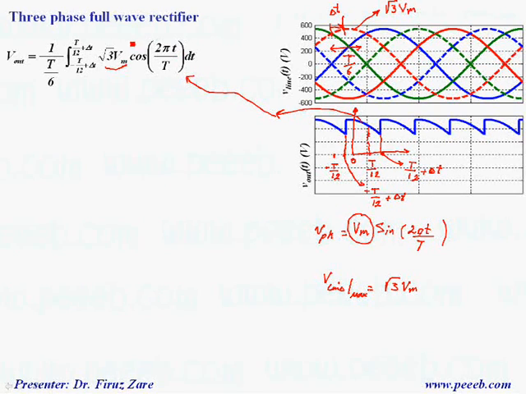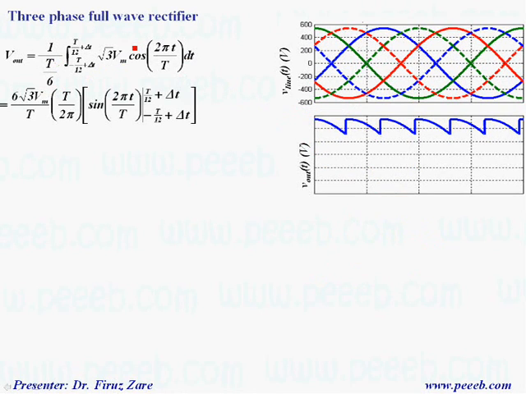So we can find this integral, which defines this area, as the average voltage over that cycle, and the cycle is T over 6, with the upper and lower limits of the integral. We can simplify this equation.